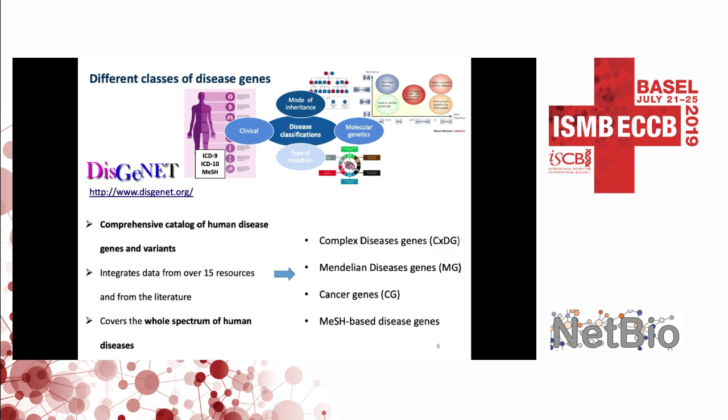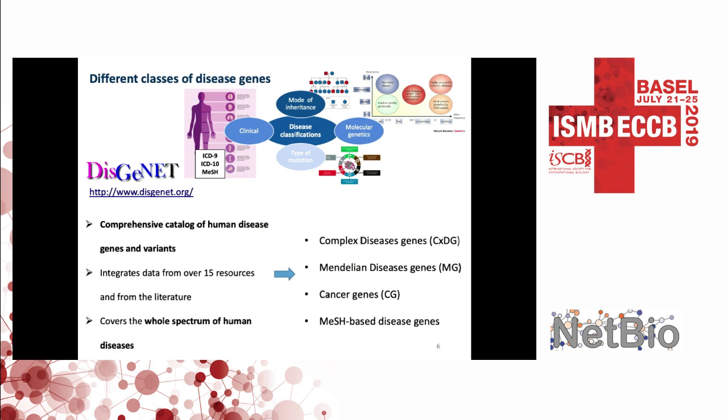So for that, we used DisGeNET. DisGeNET has been mentioned previously in other talks. This is a knowledge platform that we developed in our group that provides a comprehensive catalog of human disease genes and also variants, and it can do so because we integrate data from a large variety of resources. Currently, we integrate data from 15 databases, and we also extract data directly from the literature.